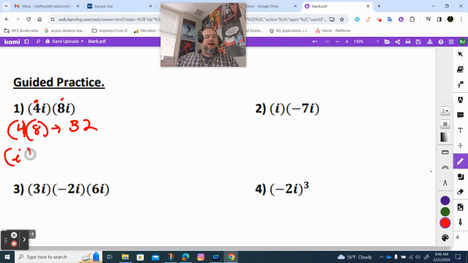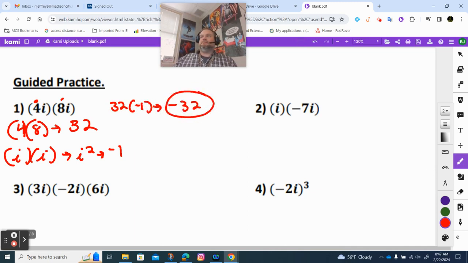Then I have i times i, which is i squared, which is -1. So what is 32 times negative 1?